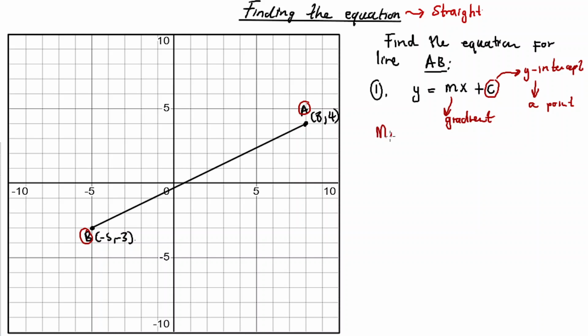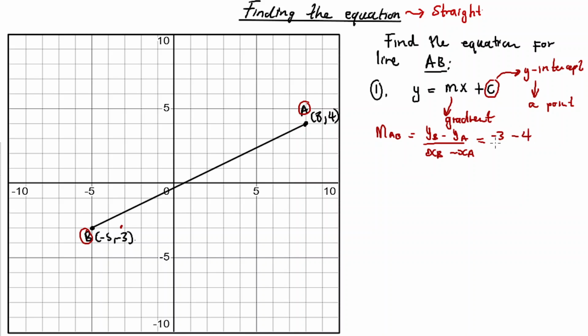So the gradient for line AB is equal to YB minus YA over XB minus XA. What is YB? It's this coordinate, minus 3, minus YA. YA is positive 4.